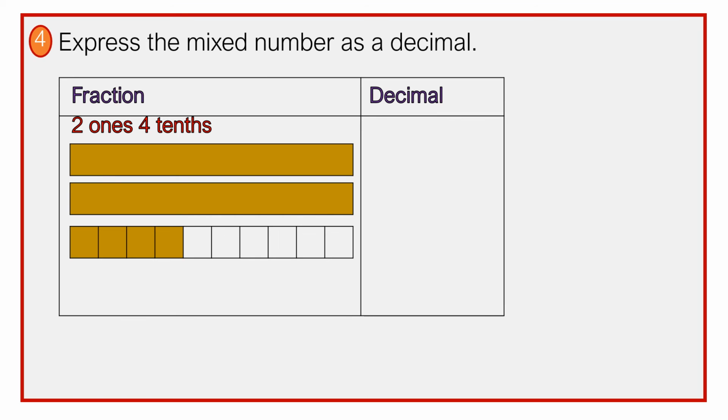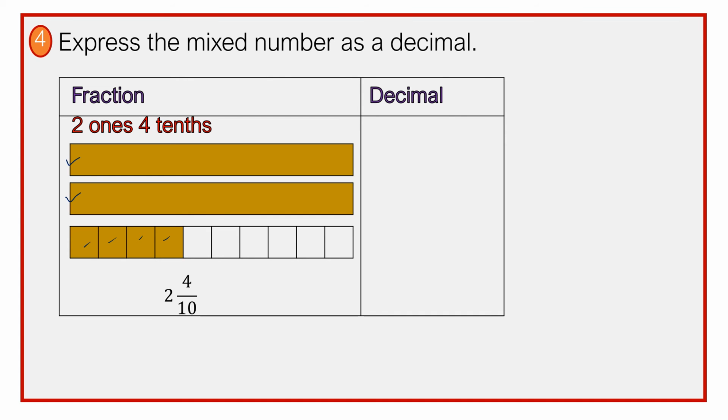You can see that this is 1 and these are 2 ones. And 4 tenths, it is 1, 2, 3, 4 out of 10 parts. So the mixed number will be 2 and 4 out of 10. Now let us see how to write this as a decimal.